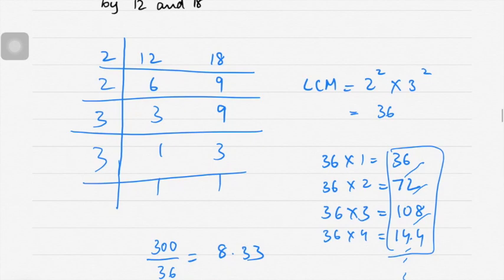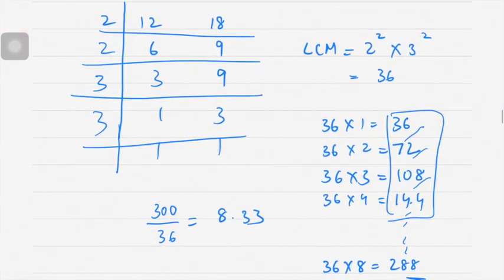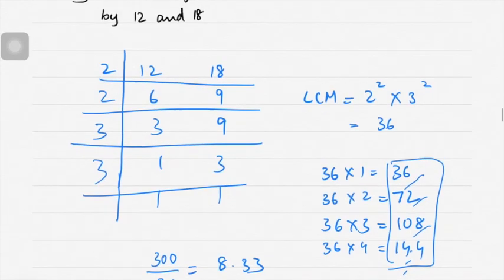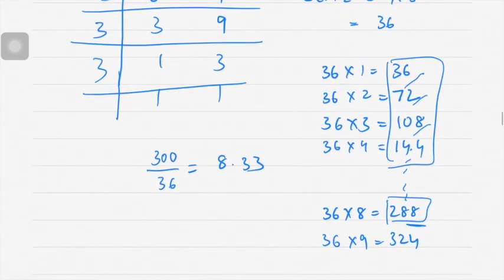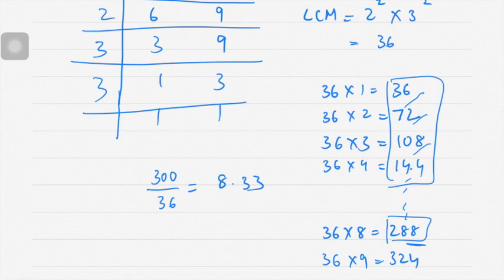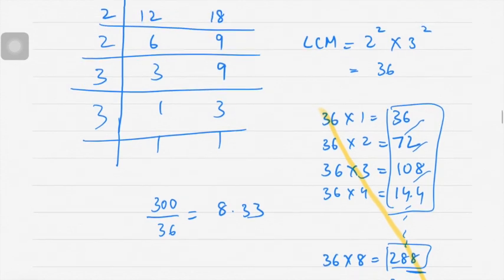What they have asked is to find the greatest number less than 300. So the greatest number less than 300 divisible by 12 and 18 would be 288, because 36 into 9 is 324, which is more than 300. So you don't need to write this.